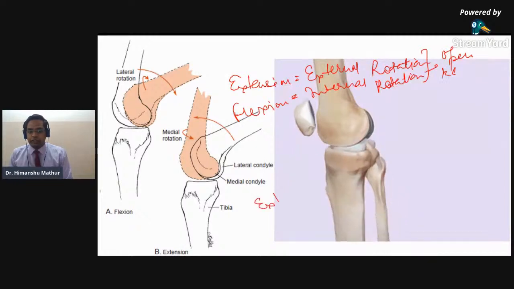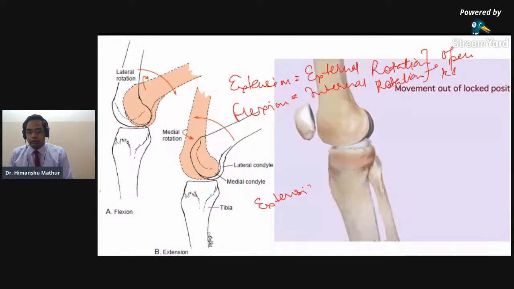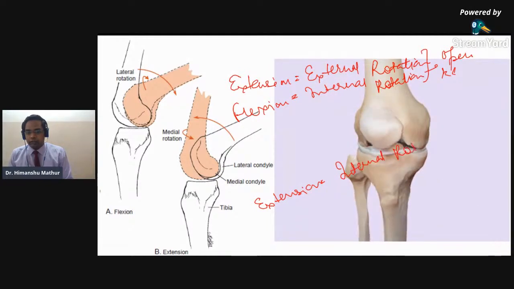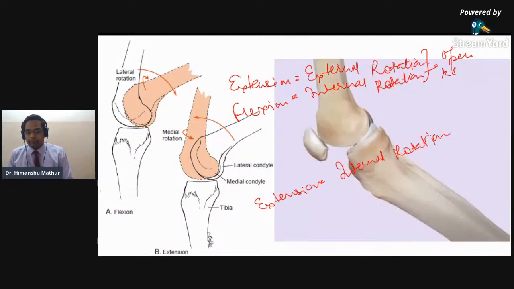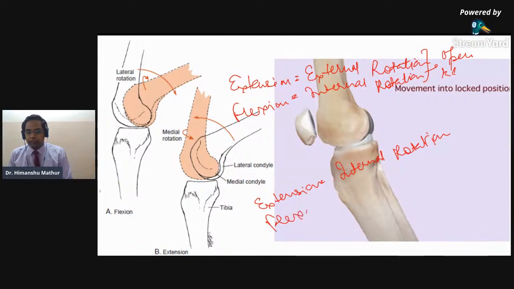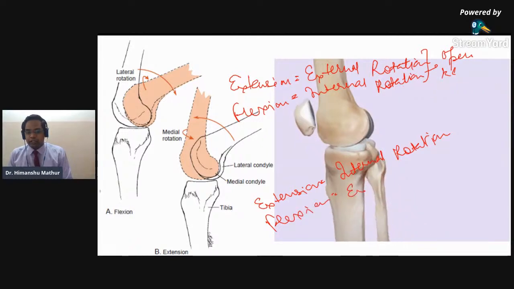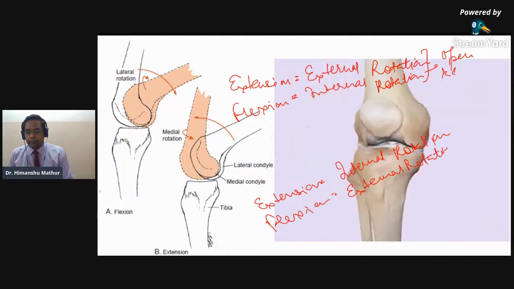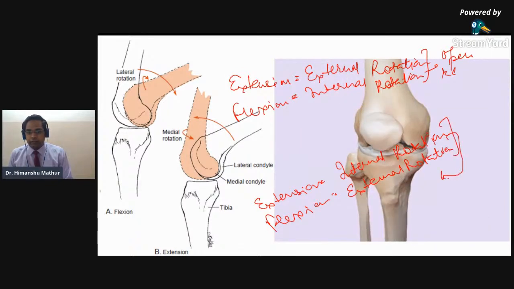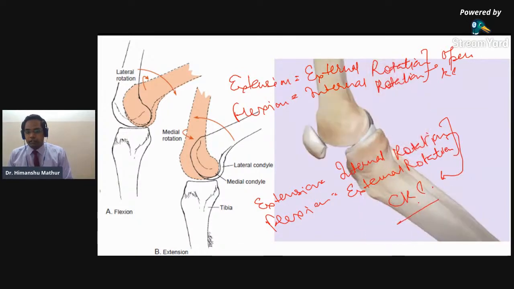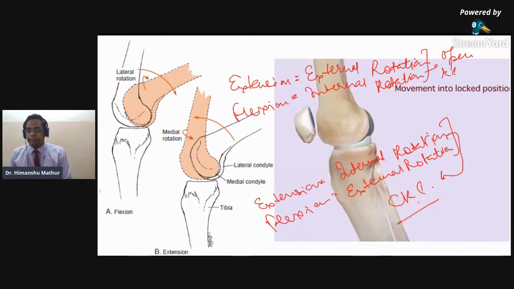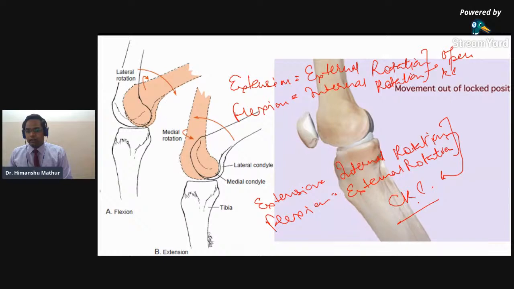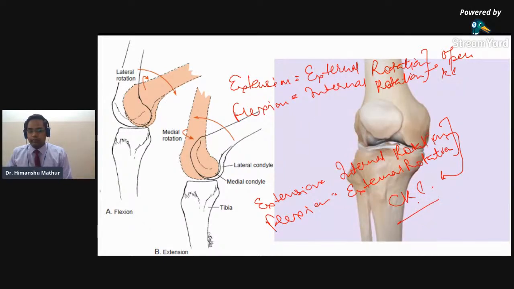Extension is equal to internal rotation of femur, and flexion is the external rotation of femur. That is in closed kinematic chain. That becomes easy for you now. I don't think any complications are there.